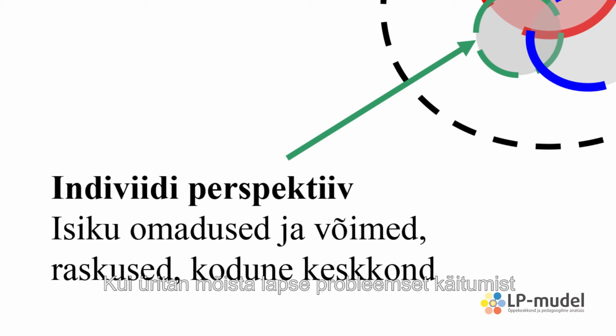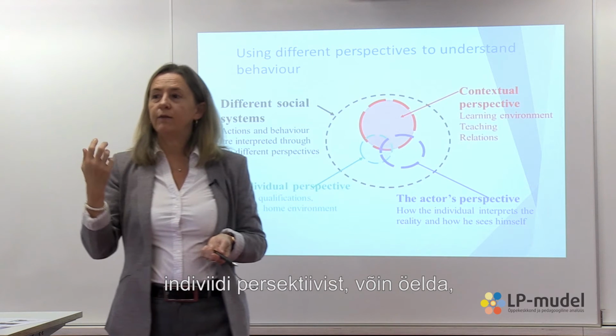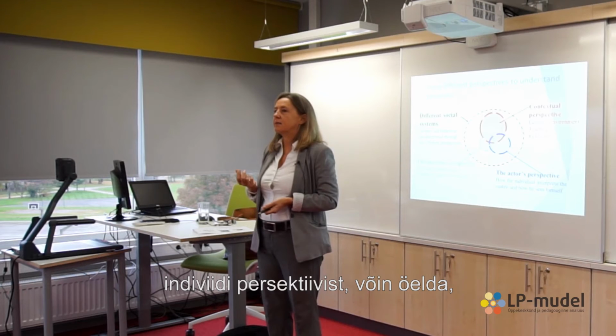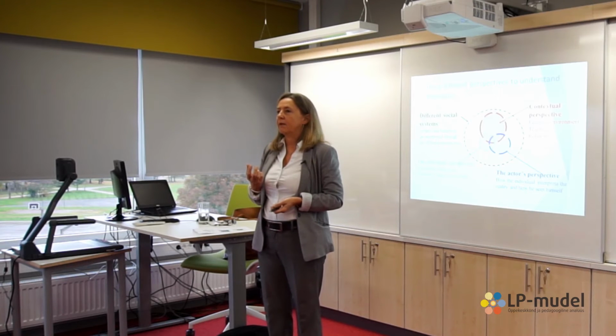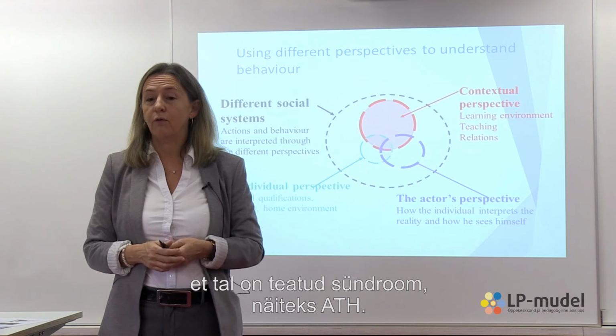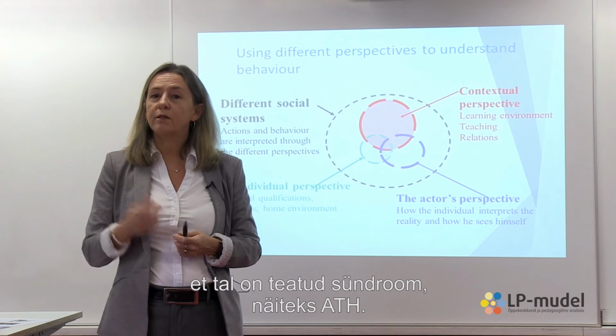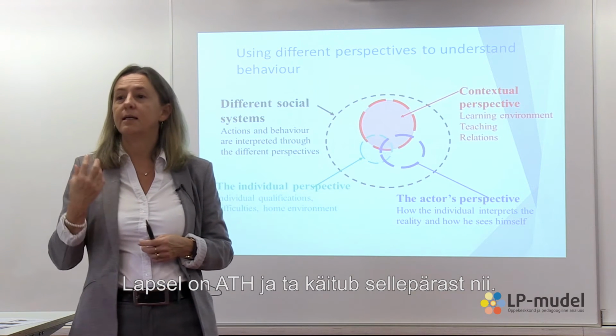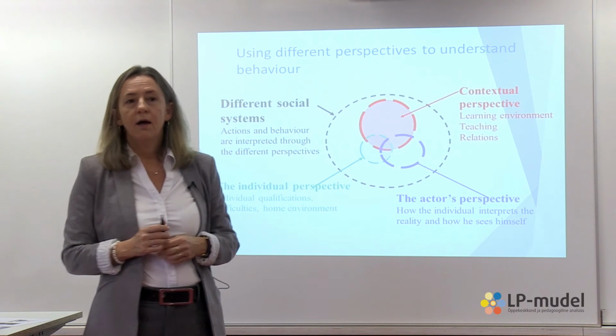And if I am going to try to understand the child's problem behavior through the individual perspective, I can say, well, he has some kind of syndrome, for example, ADHD. This child has ADHD, and that is why he's acting like this.